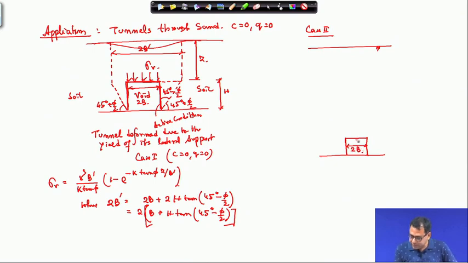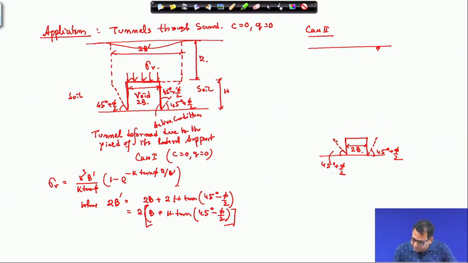So this is the tunnel, and again this is the void in the soil. Again here there will be the 45 degree plus phi by 2 plane, and this is also the 45 degree plus phi by 2 plane. So this soil will deform.